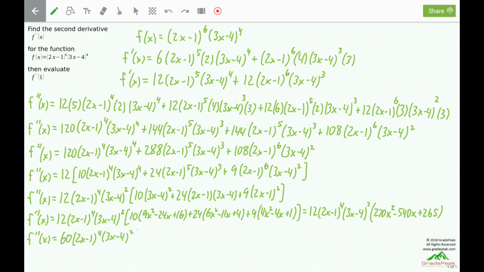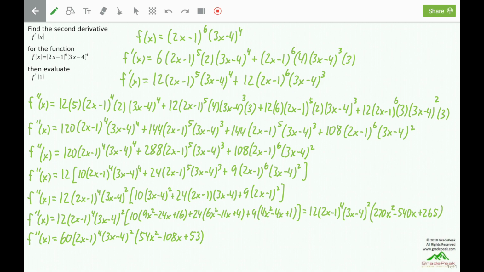We will have, after factoring a 5 out, 54x squared minus 108x plus 53. That's as far as we can factor it. So there's our second derivative f double prime of x factored.